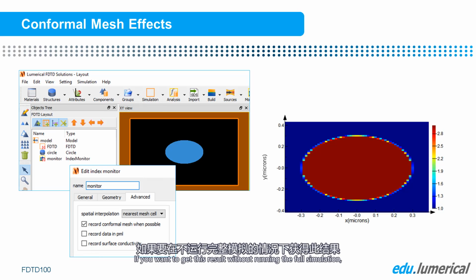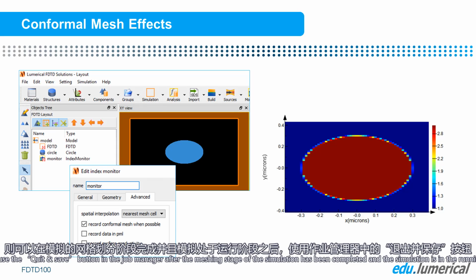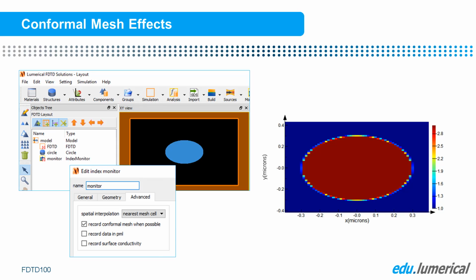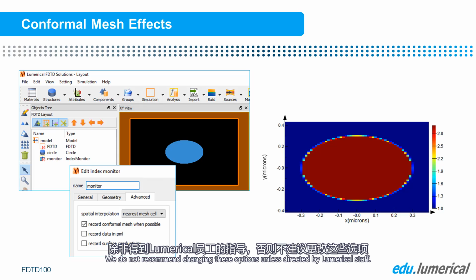If you want to get this result without running the full simulation, you can use the Quit and Save button in the Job Manager after the meshing stage of the simulation has been completed and the simulation is in the running stage. The spatial interpolation options are advanced features, so we don't recommend changing these options unless directed by numerical staff.